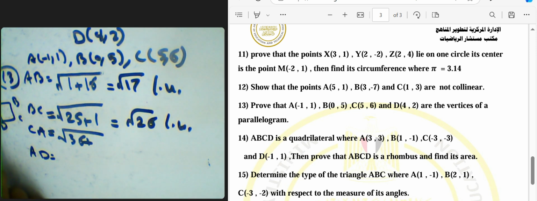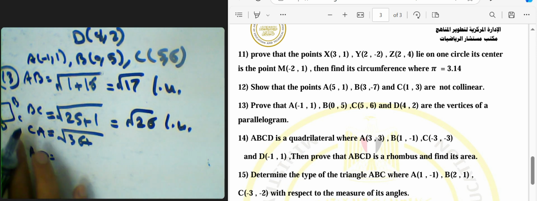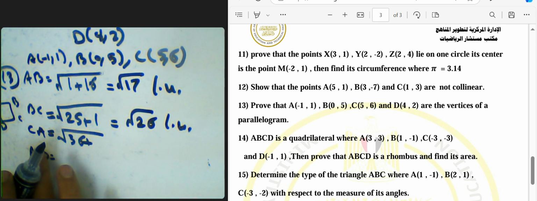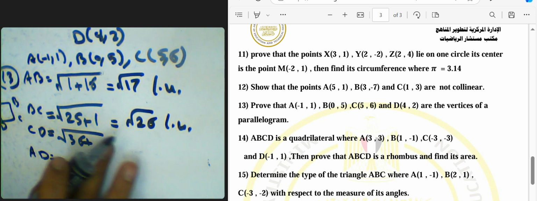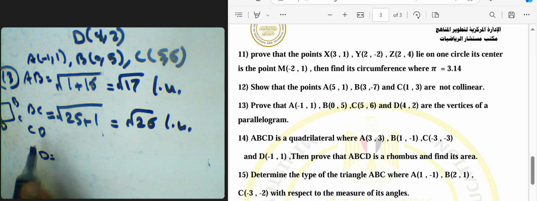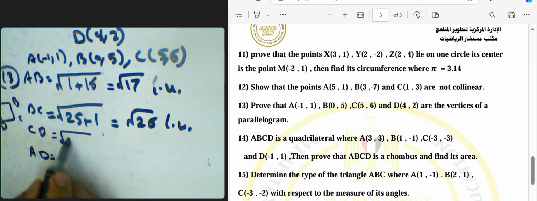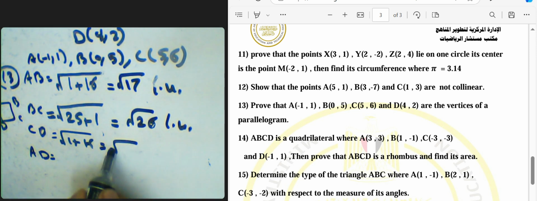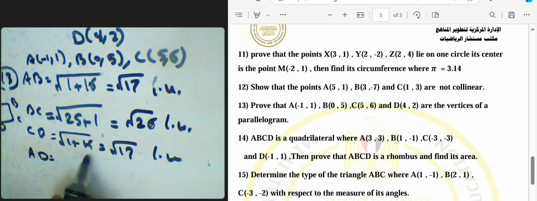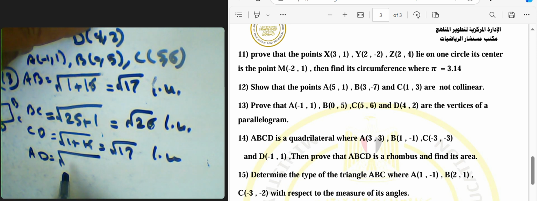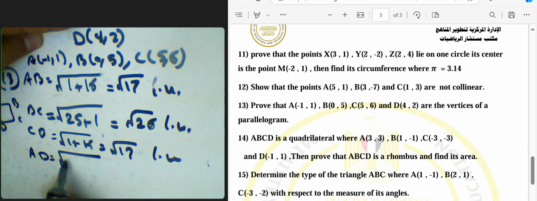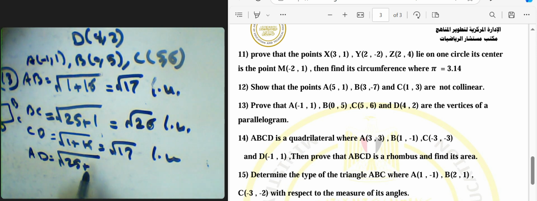We can find AB, BC, CD, and DA. CD, C and D: 5 minus 4, 1, 1 power 2, 1, and 6 minus 2, 4, 4 power 2 equals 16. The result will be square root of 17 length unit. And what about AD? 4 minus minus 1, it will be 5. 5 power 2, it will be 25. 2 minus 1, 1. 1 power 2, 1.